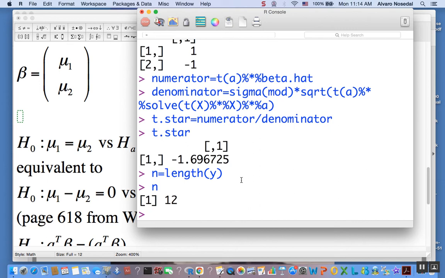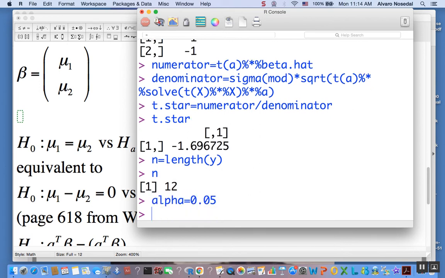Okay, so here we go. Let's find that p-value. We're using the p-value approach. Here what we want is alpha equals 0.05, say.